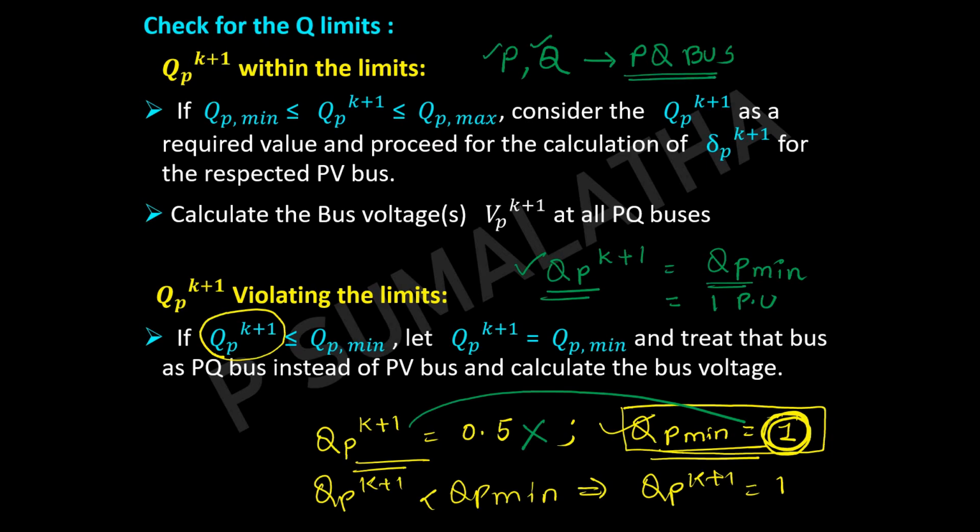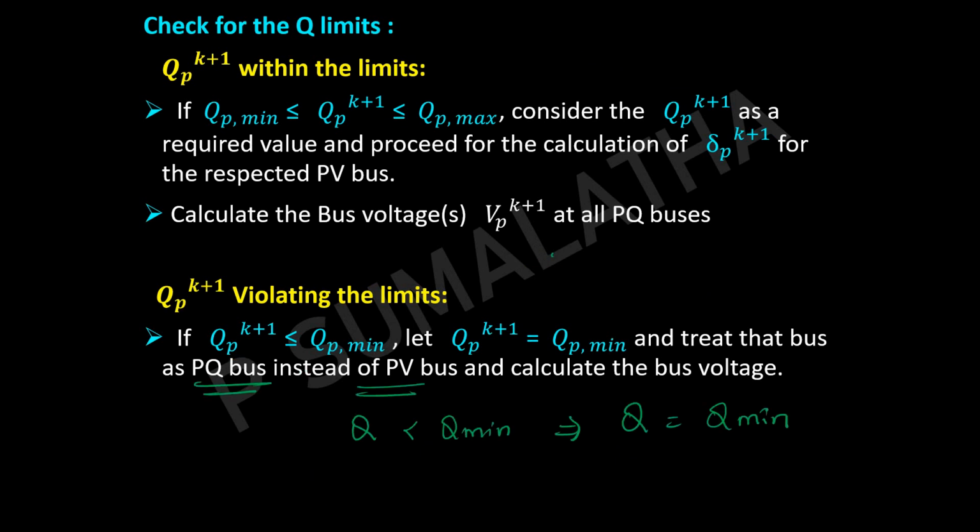That is why you equate that Q value to the Q minimum value, then treat that PV bus as a PQ bus. Suppose I have taken the second bus as a PV bus. Whenever this PV bus Q value is violating the limits, I will not consider this as a PV bus. I will treat it as a PQ bus with the Q value equal to the Q minimum value.